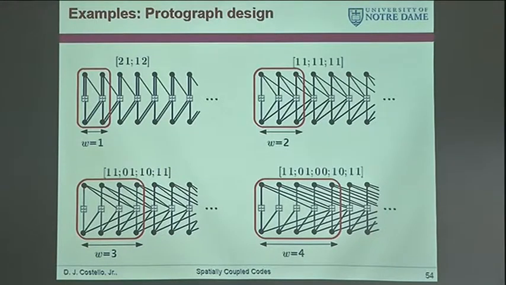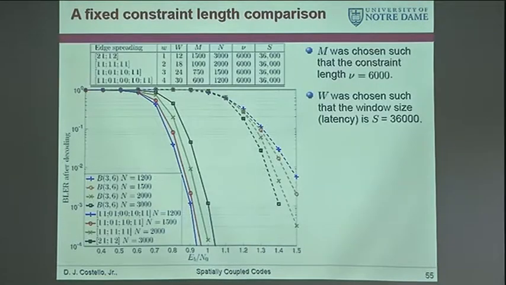And either way we look at it, we can keep the strength of the code the same by fixing the constraint length and keep the latency the same by fixing the window size. So what's better? We've looked at this experimentally. This is for fixed constraint length.